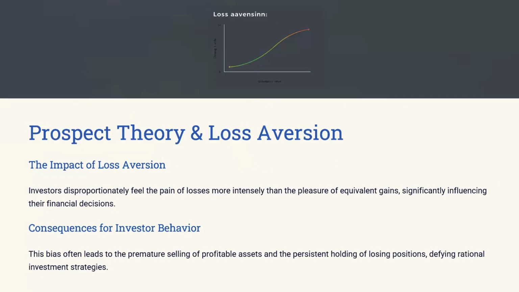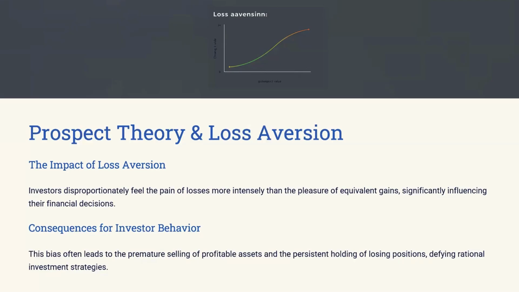Next slide, which is about prospect theory and loss aversion. Prospect theory is a groundbreaking psychological theory developed by Daniel Kahneman and Amos Tversky that describes how individuals make decisions under risk and uncertainty.